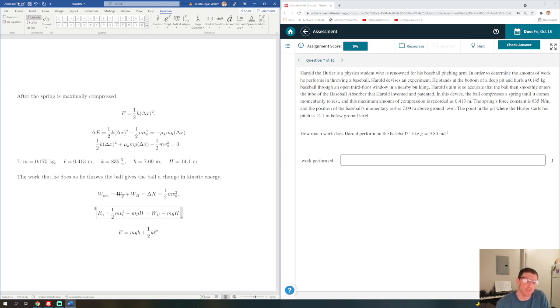And then we just equate the energies, and we find that it should be the work that he does minus mg big H equals mg little h plus 1/2 k L squared, right? We just solve this for the work that he does, and it's not bad. We basically just add mg big H to both sides. Does everybody see this? Is this clear? Is it making sense?